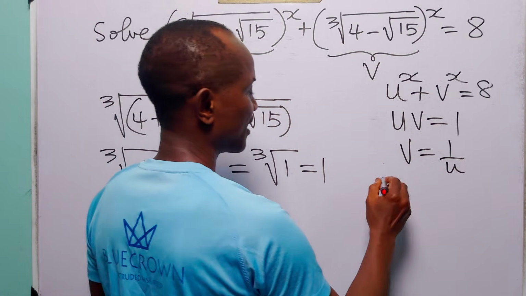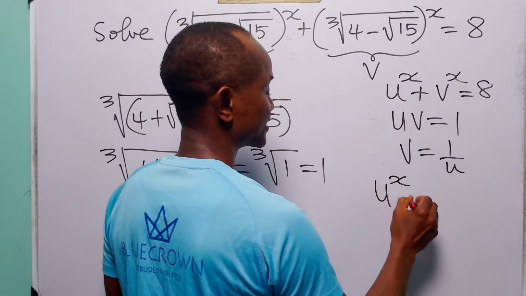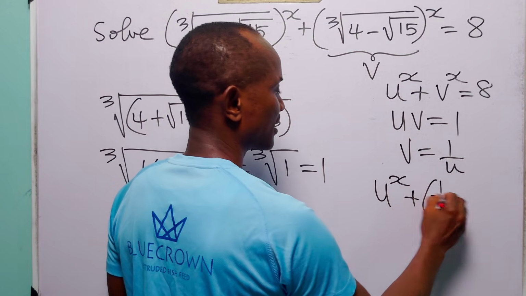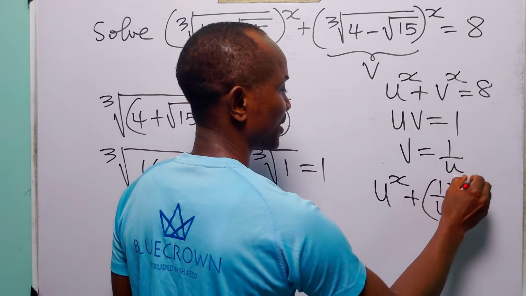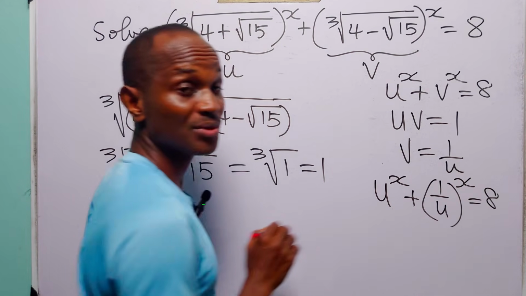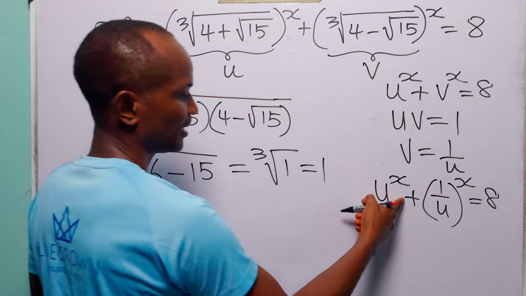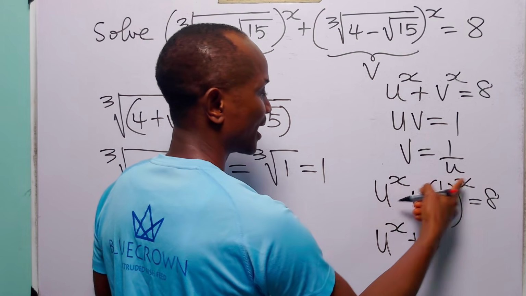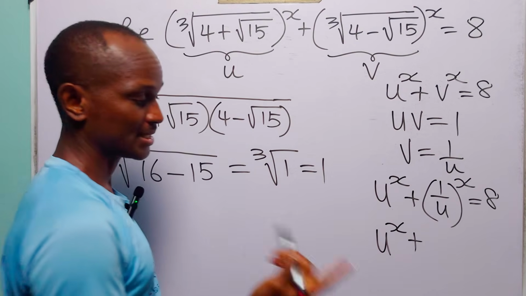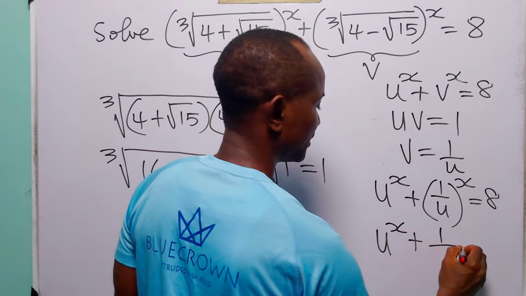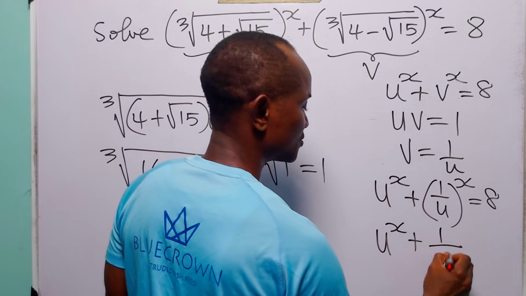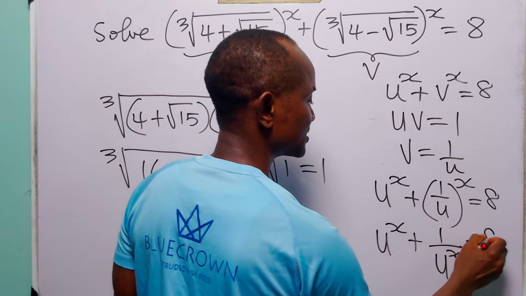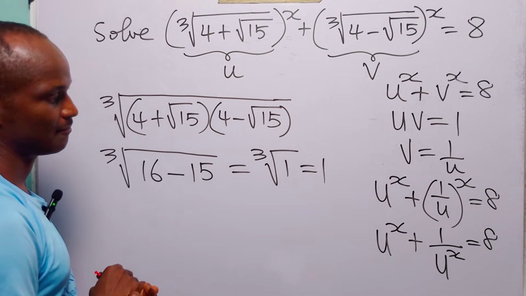When we do that, we have u to the power x plus 1 over u to the power x is equal to 8. Now from here we have u to the power x plus 1 to any power is equal to 1. Then we have u to the power x. Now this is equal to 8.